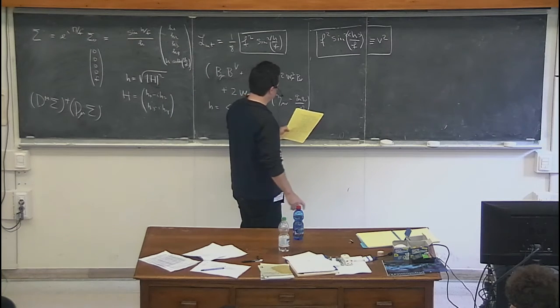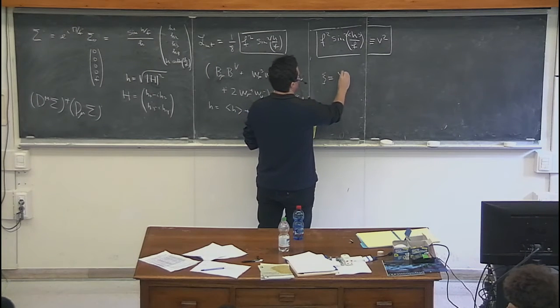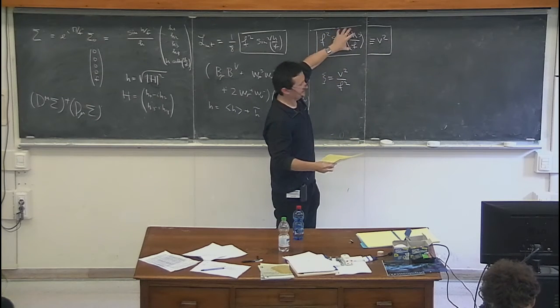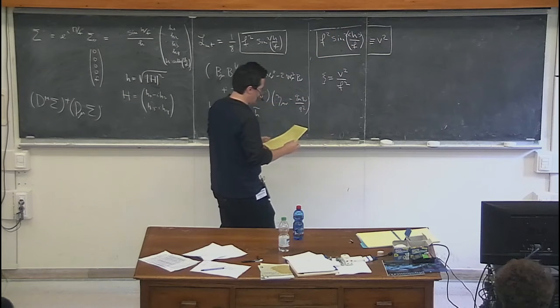All you have to do is literally expand this function around its VEV, and just pick out what the corrections will look like. These corrections are usually parameterized in terms of this parameter called psi, which is v squared over f squared, which is nothing else but literally sine squared h over f.